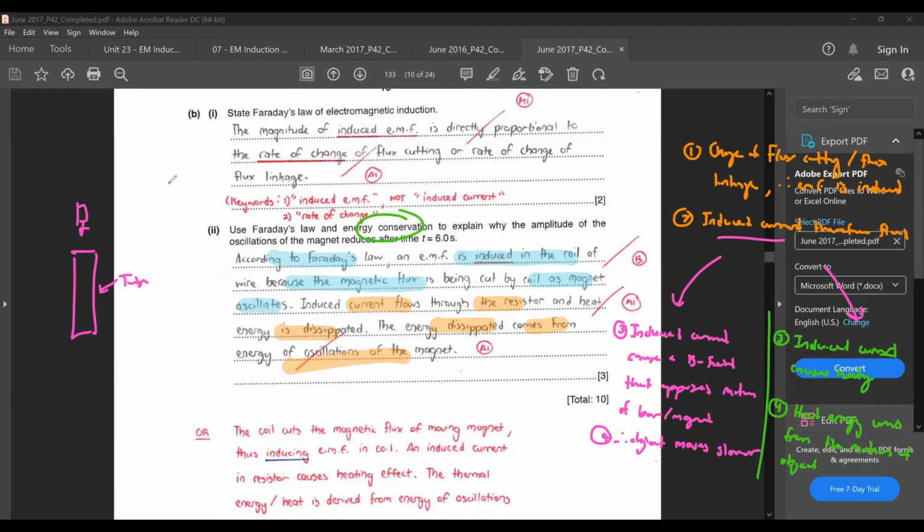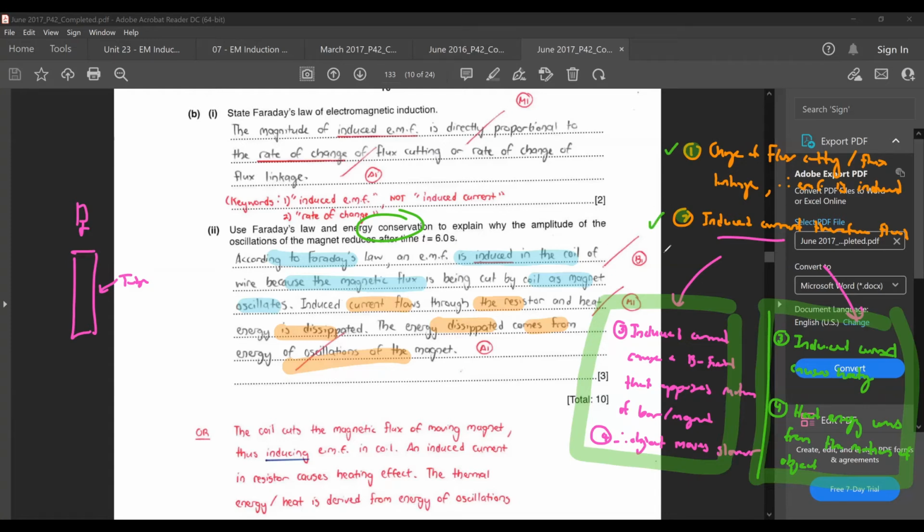So in terms of what is different, I would say this is where things start to become different. You see the first 2 points as always being common for most of your questions. A lot of times you're trying to explain where the induced current came from, where the induced EMF came from, and then from there, that's how you got your induced current. Most of your answers that you see so far always have this in common.